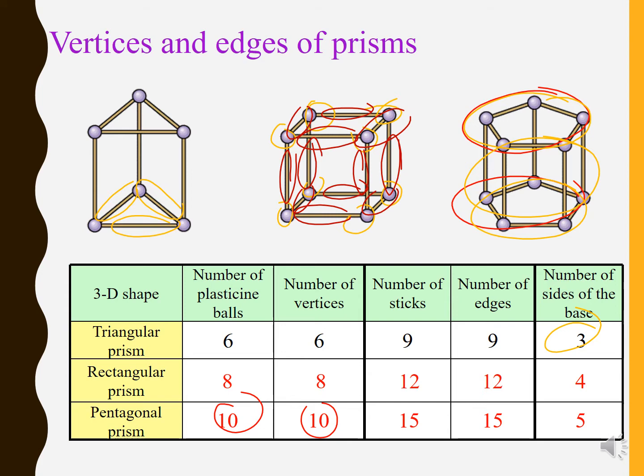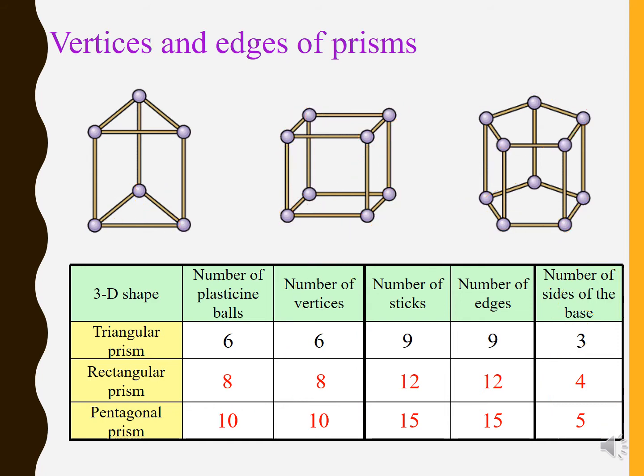So now let's look at the table. Can we see any relationships? Let's look at the number of sides of the base and the number of vertices first. 3 and 6, 4 and 8, 5 and 10.